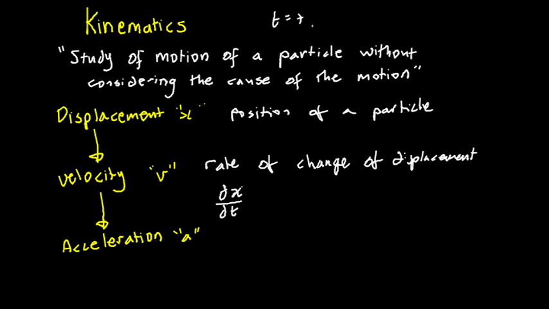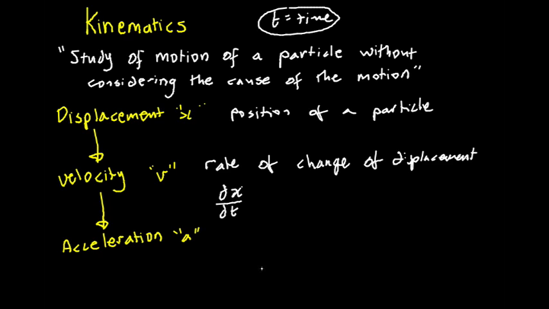I'll just put a note up the top: when we say t, most of these fall under time. So how fast are we going? Rate of change of displacement. So how far are we going? Kilometers per hour, or distance over time.